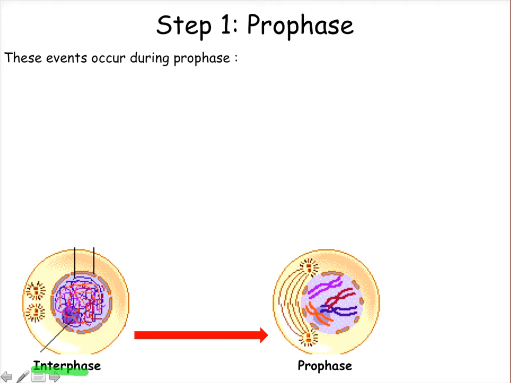First, notice how during interphase, the chromosomes are loosely unwound into a form called chromatin. On your picture here, I'll write down chromatin.